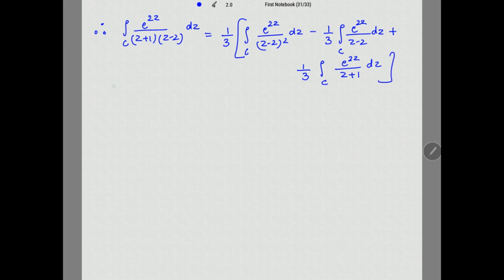Alright, now let f(z) be, for this also e^(2z), for this also e^(2z), and for the third one also f(z) is e^(2z).